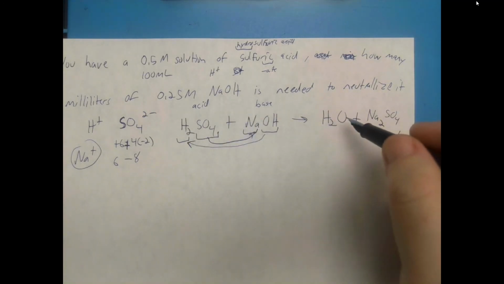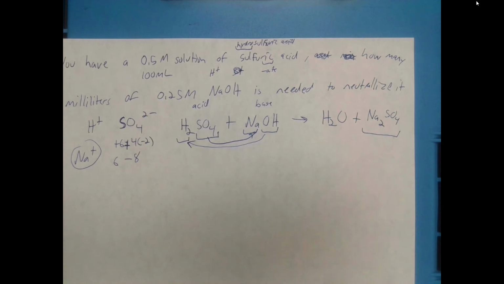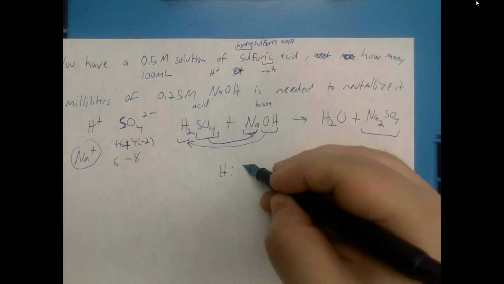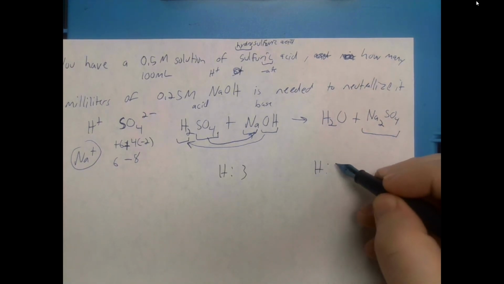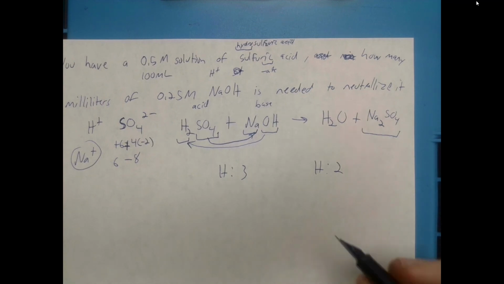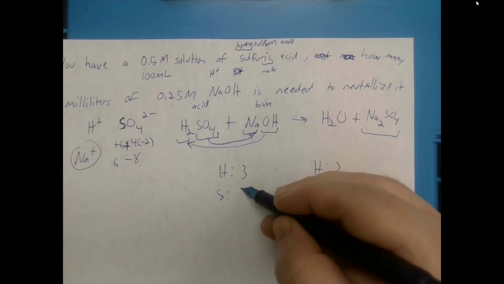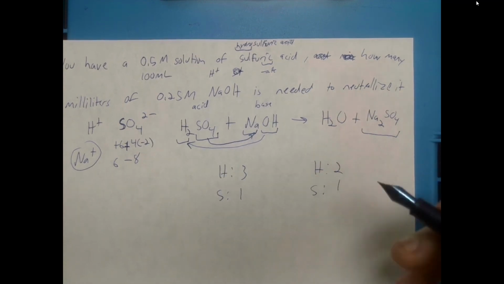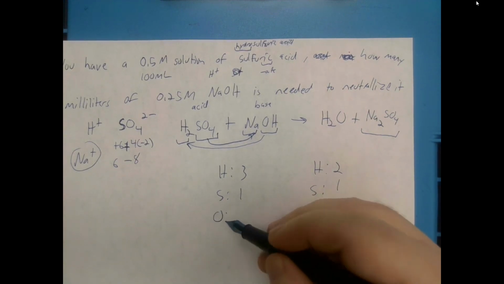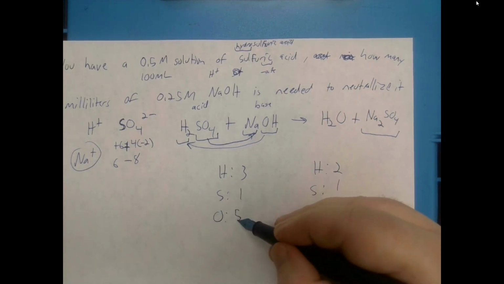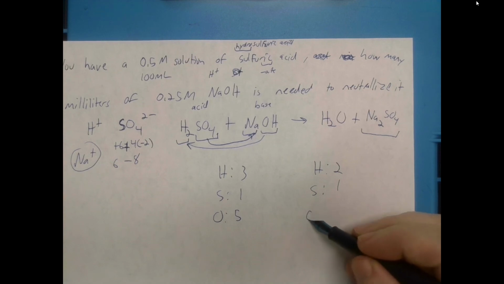So hydrogen, we got 3 on the left, 2 on the right. I wouldn't start there. Sulfur, we got 1, 1. Oxygen, we have 5. And we have 5.